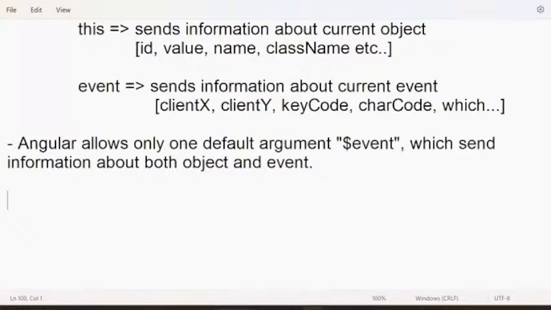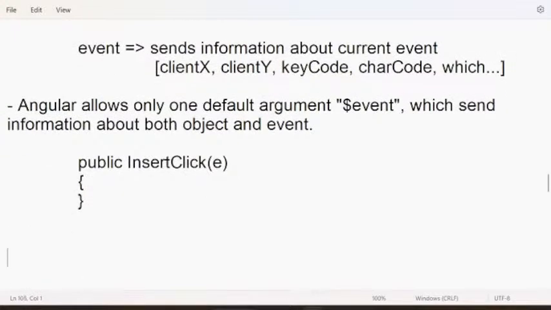How can you access event details? That means we can use the event reference. Here we write like this. We have public insertClick. It is expecting e. And here we are defining a button. So we are configuring the button.